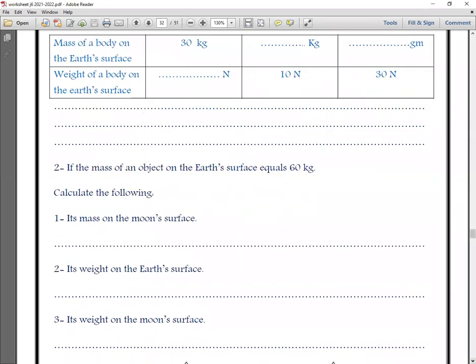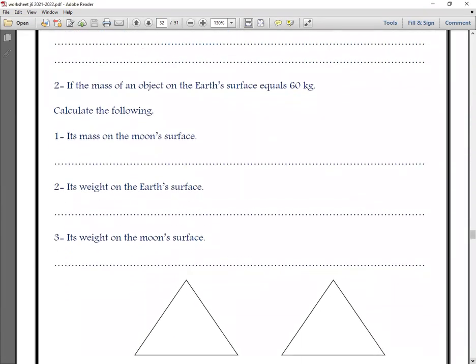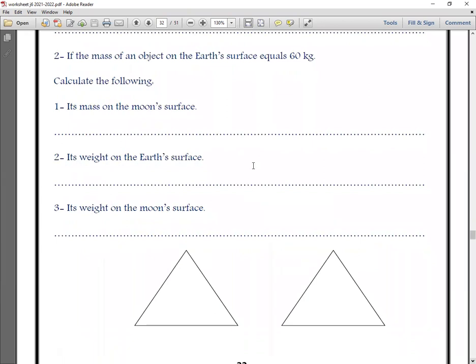Okay, let's solve this problem. Here, Junior 6, you must draw your triangles. Triangle number 1 and triangle number 2.